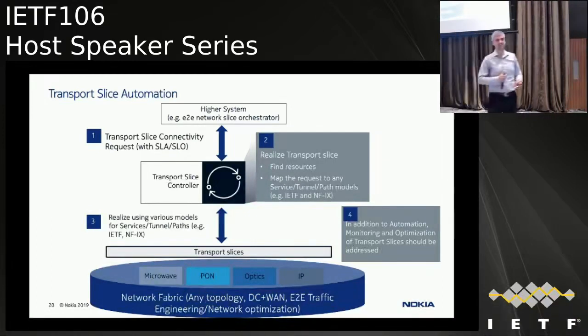The higher system sends a request, number one, to create the connectivity. Again, connectivity in this context means connect edge 1, 2, 3 to edge 4 and 5 with SLO 10 meg or better. Again, this is the second question. That interface should not only have this information, but some information about the request which is coming.